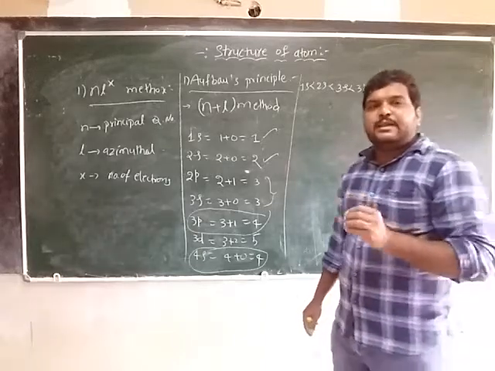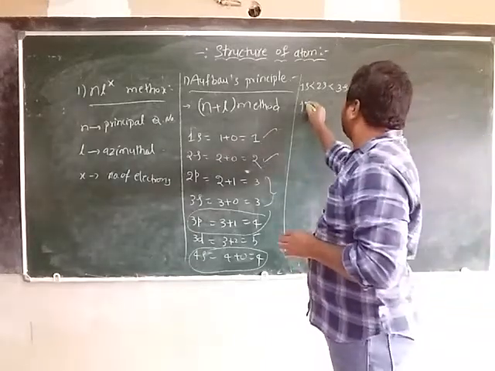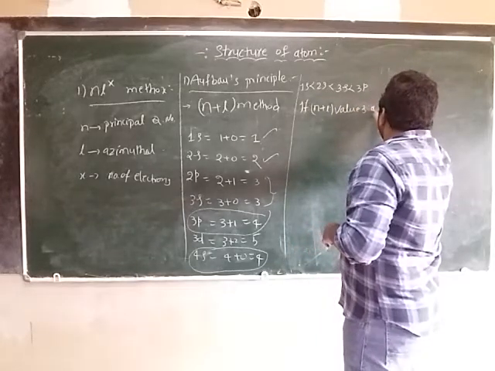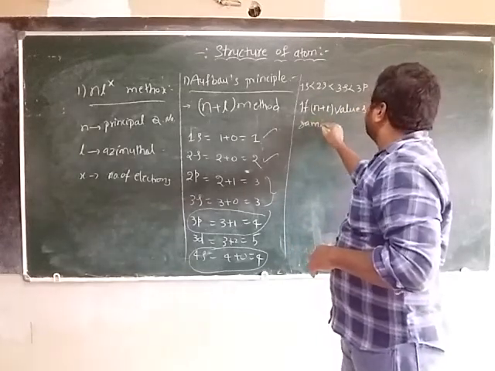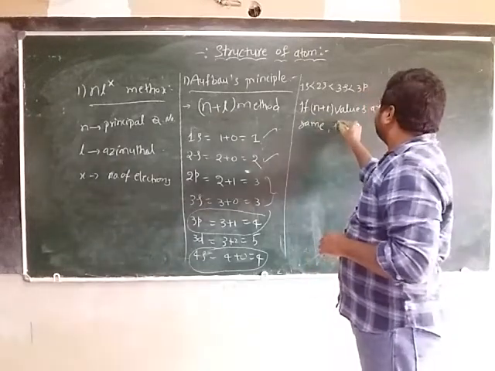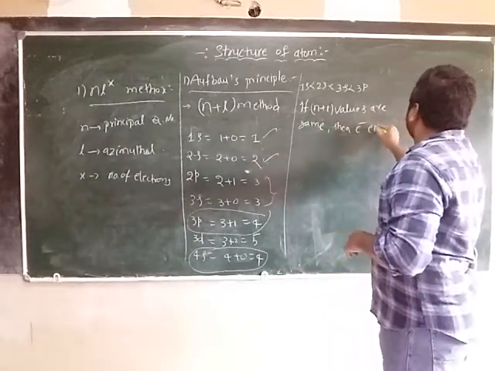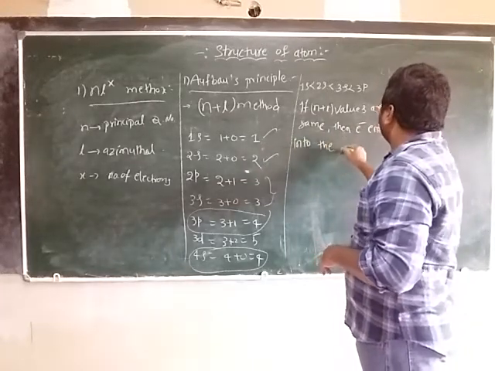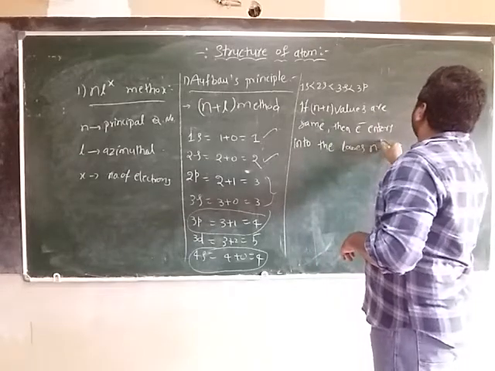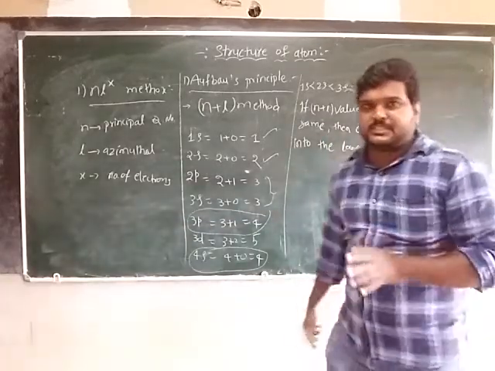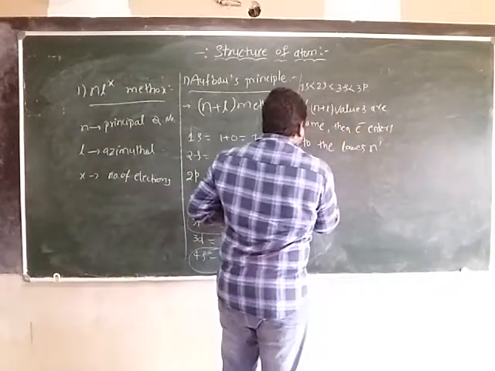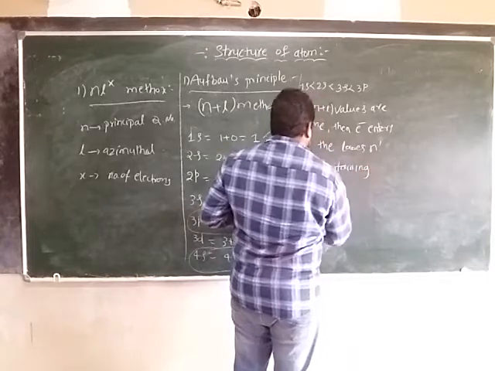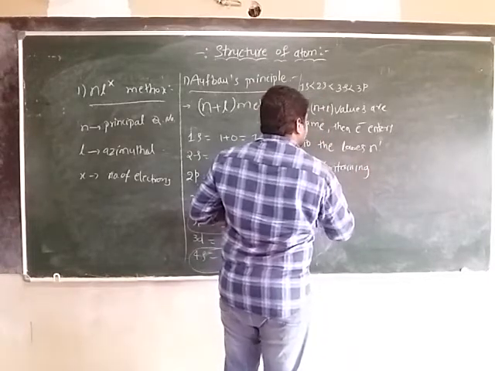So if n plus l values are the same, then the electron enters into the lowest n value containing orbital first.